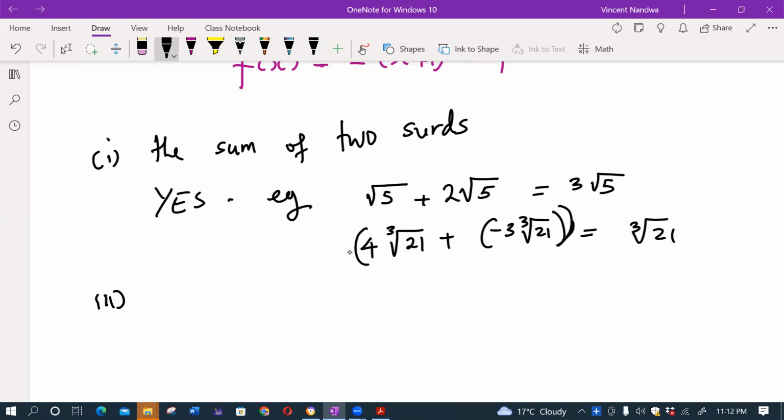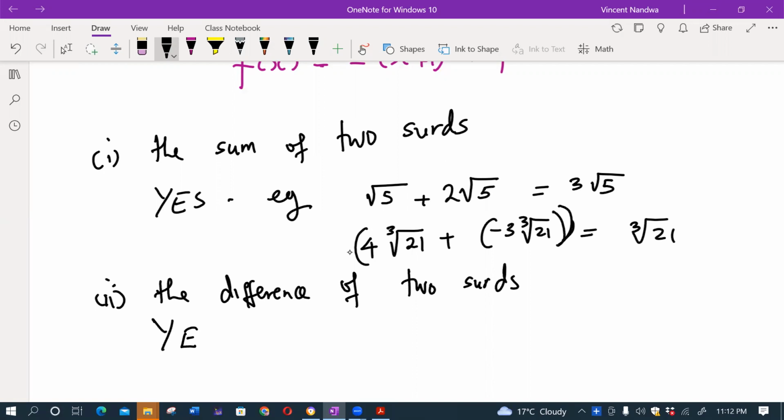And then number 2, to check whether the difference of two surds can give us a pure surd. The answer is still yes.